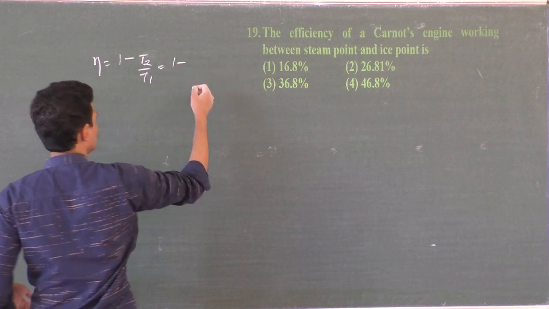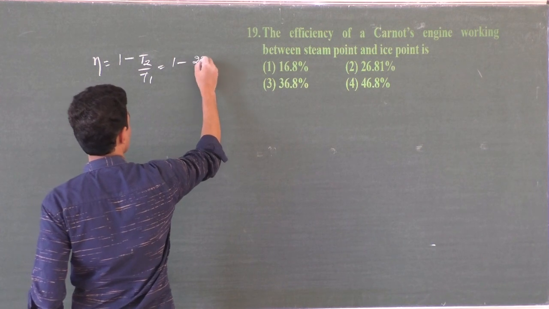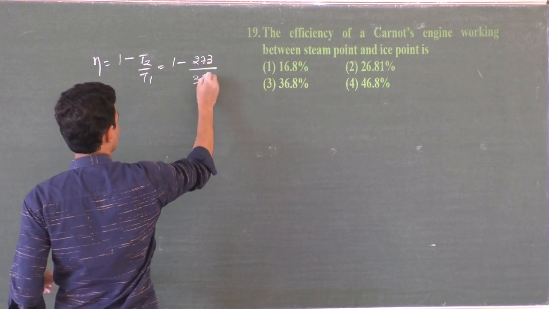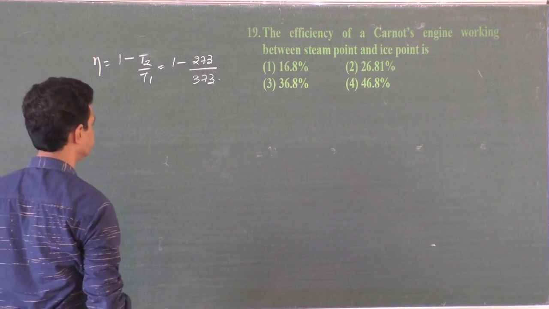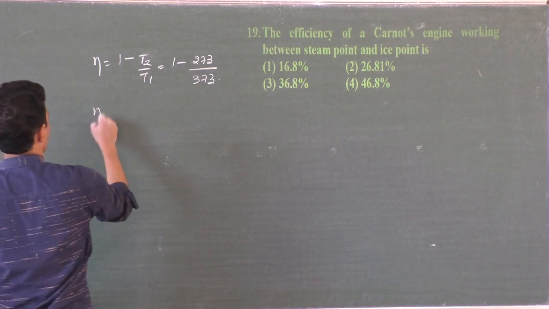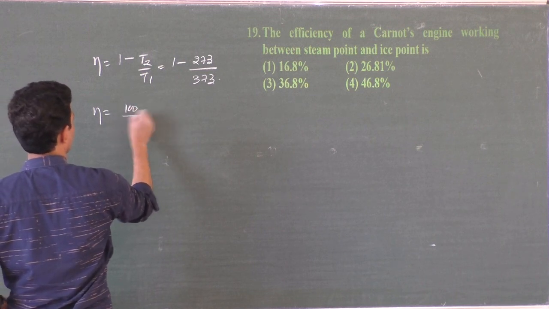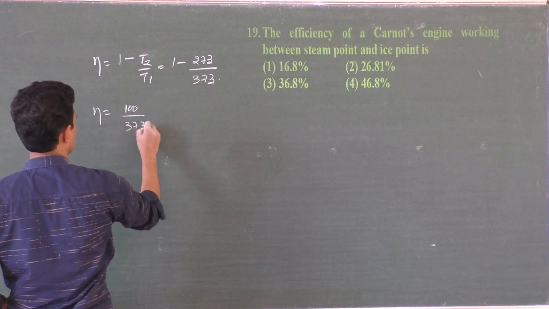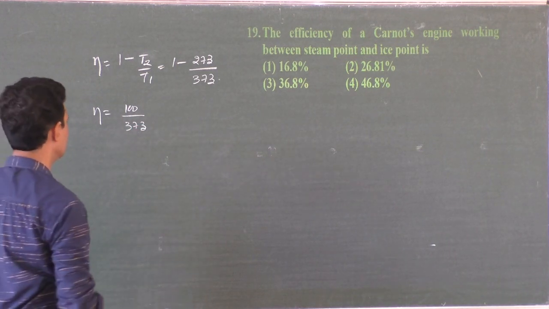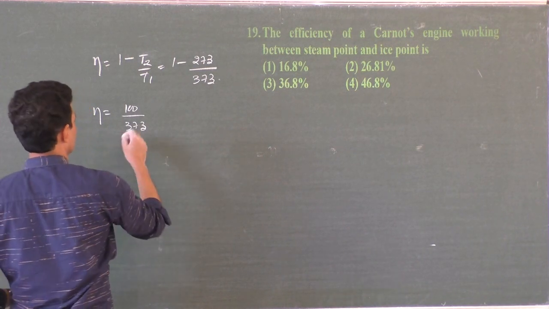T2 is the ice point, 273, 0 degrees Celsius, and T1 is the steam point, 373, that is 100 degrees Celsius. This is 100 divided by 373, T1 minus T2 by T1. You should get the efficiency, right?